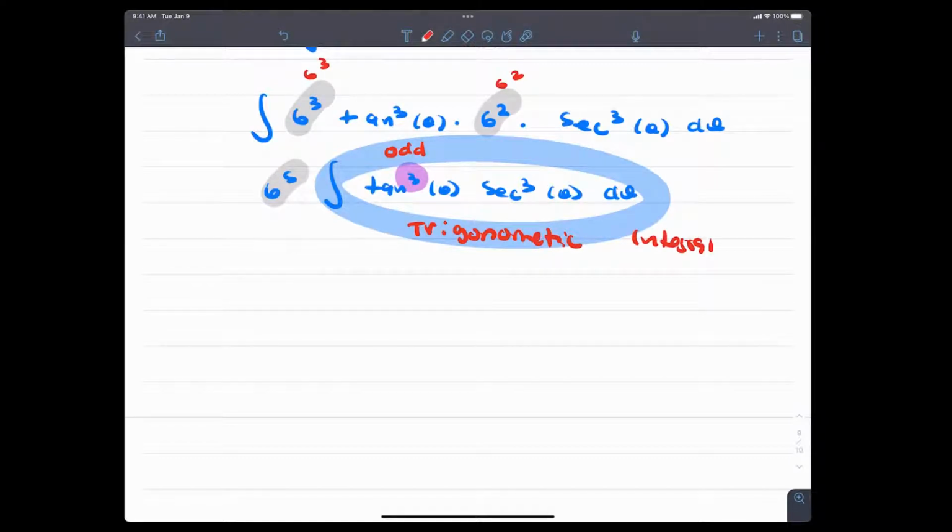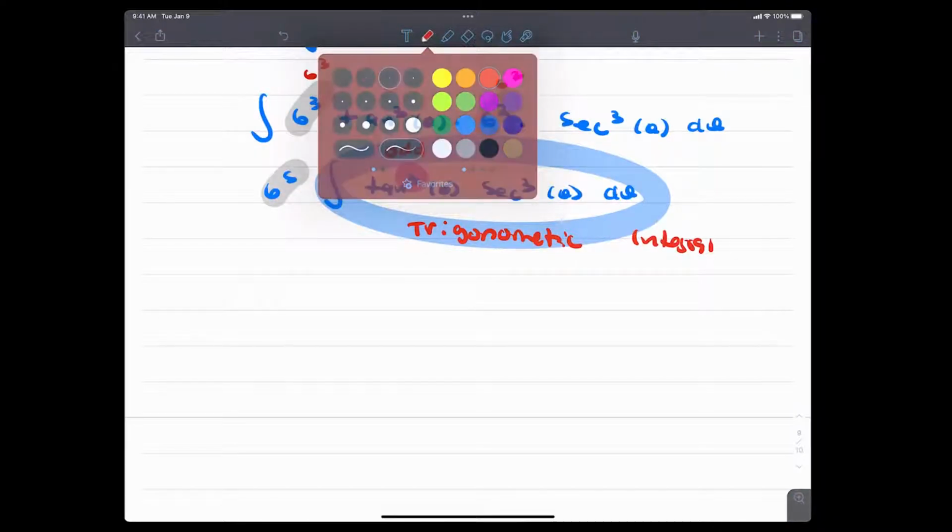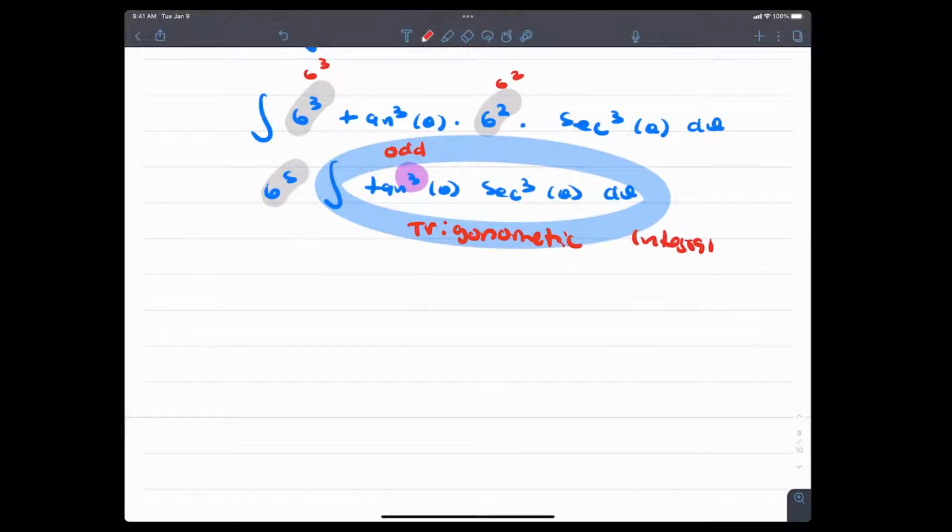So what do you do with those trigonometric integrals? With that's tangent, don't you have to factor out a secant tangent? So we know what that leaves you with? Secant squared theta, tangent squared theta.